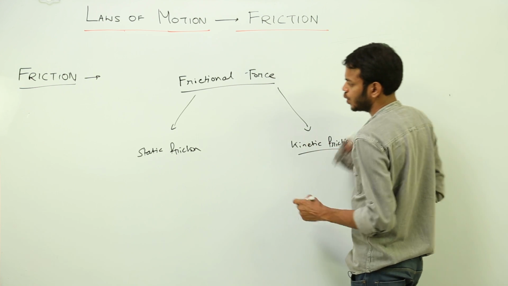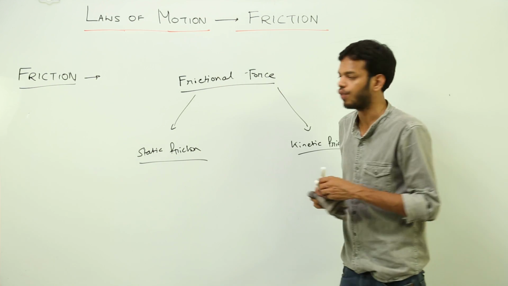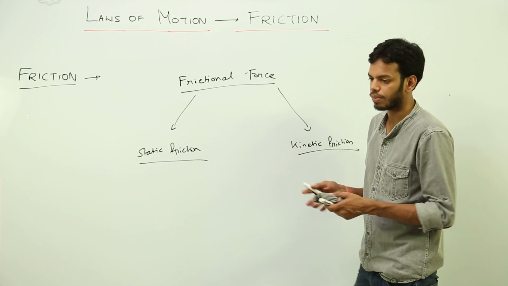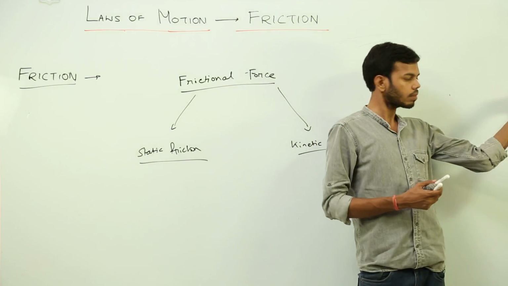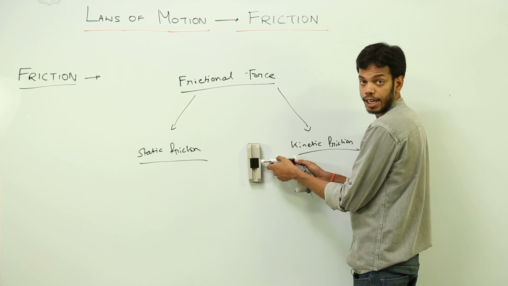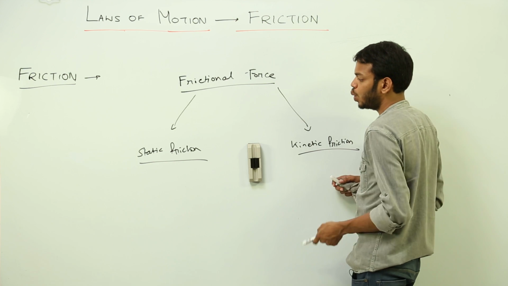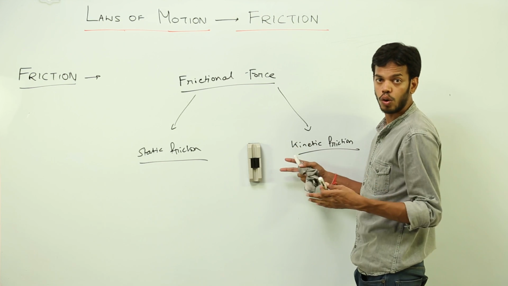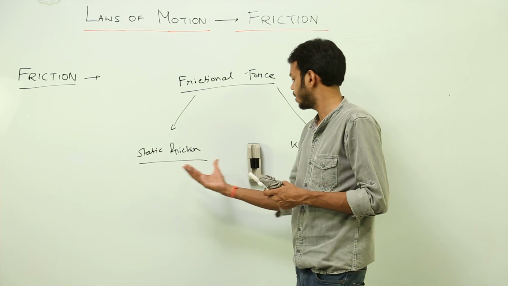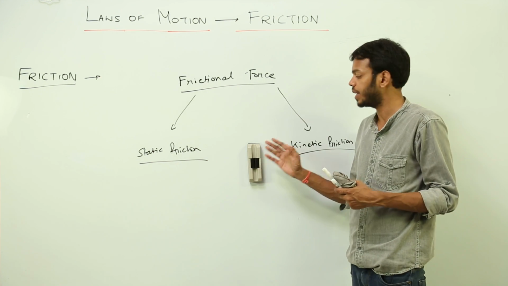So static friction is that frictional force when there is a force applied. Suppose there is this duster, I am applying force on this duster right now, but the duster is not moving. So this is the force of friction which comes into play when a force is applied on a body, but the body is not moving.